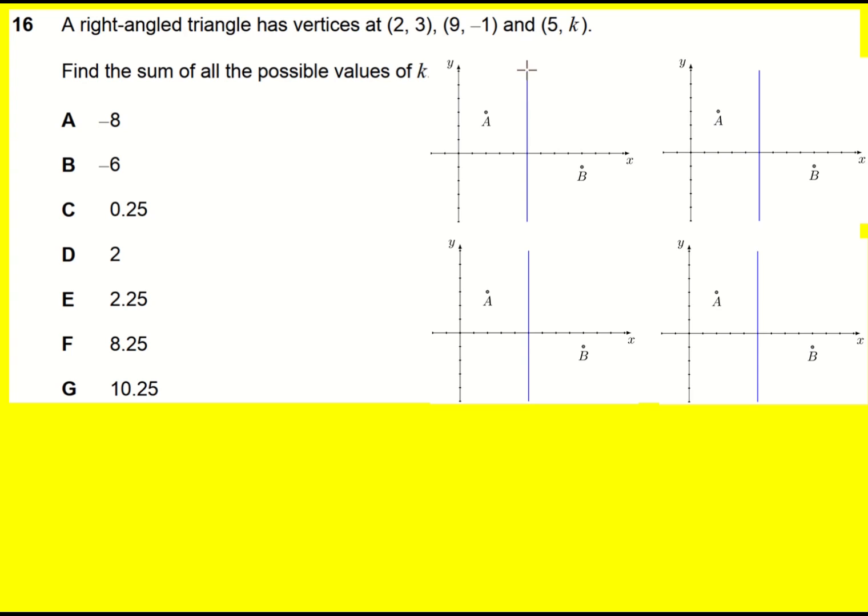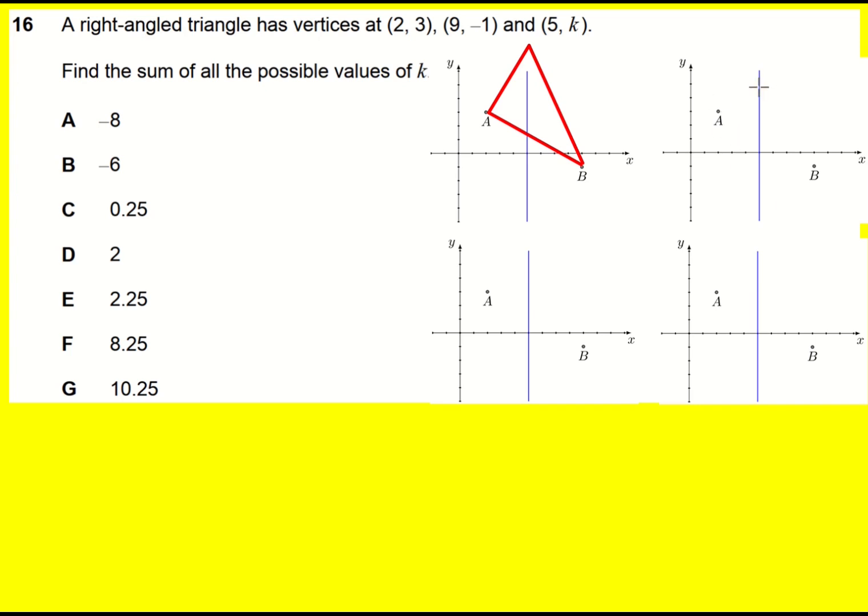So if I put it really high up here, then I've got an obtuse angle here, but as I lower it, at some point I'm going to get a right angle. Actually, it's our first right angle, that highest value of k up here. Okay, we'll come back to that.